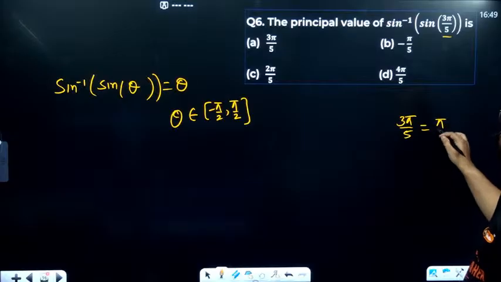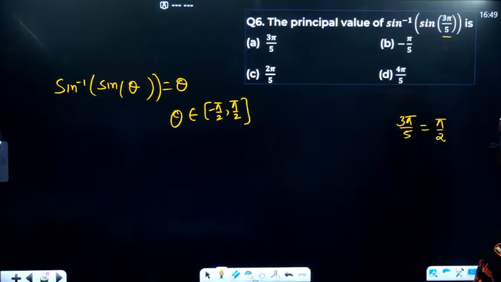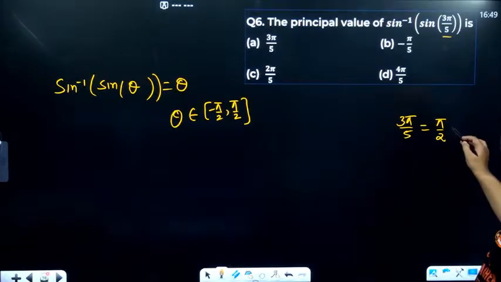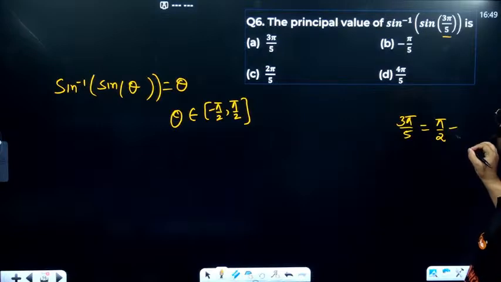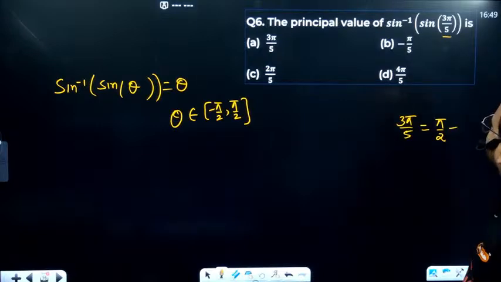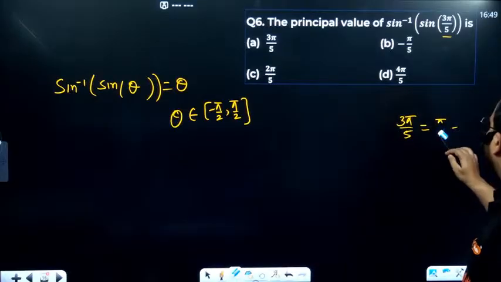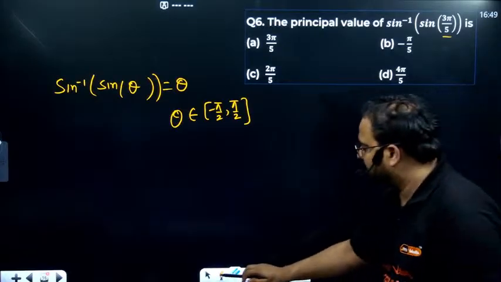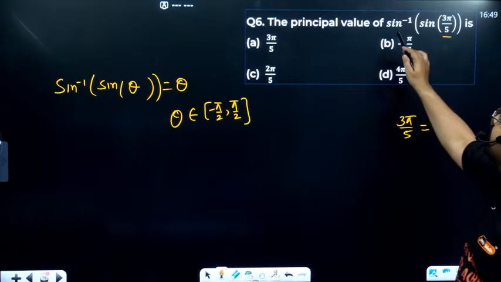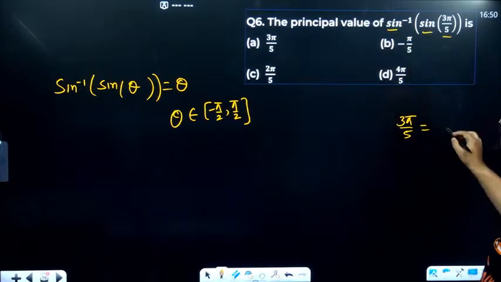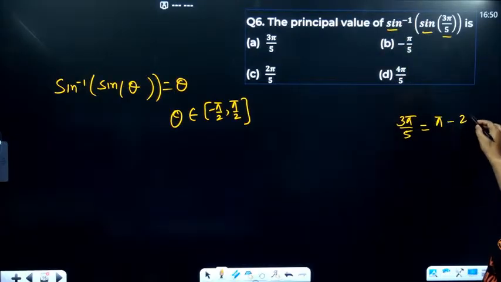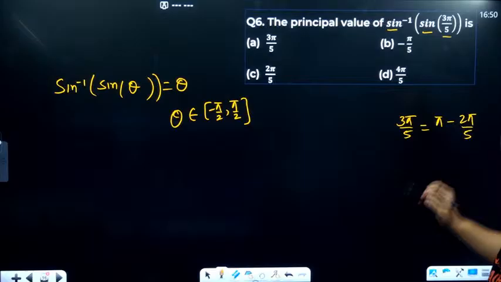Why not pi by 2? Because here we also have sine inverse and sine, so let's try with pi minus 2 pi by 5.